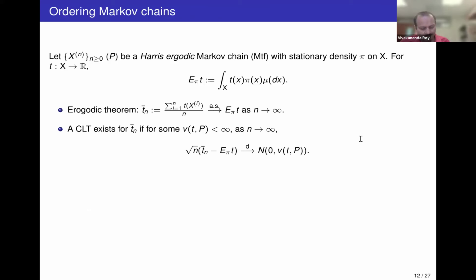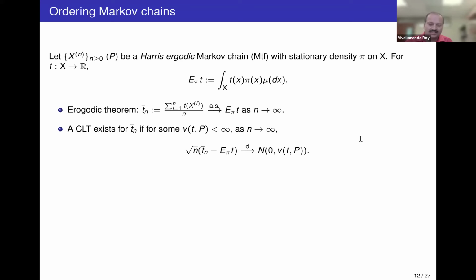So suppose I have a Markov transition function P and a Markov transition function Q, basically two Markov chains, both having pi as a stationary distribution.